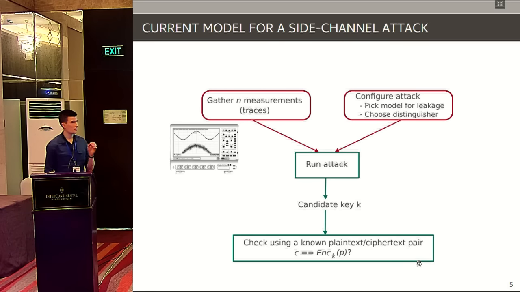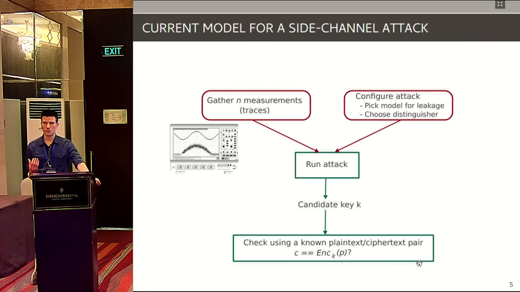A 10,000-foot view of a side channel attack is this. You have an adversary that needs to gather measurements that we call traces, such as power consumption or EM radiation. The attacker hopes that those measurements contain some information leakage on the secret key used by the device. Then the attacker has to define their strategy, which consists of two main things.